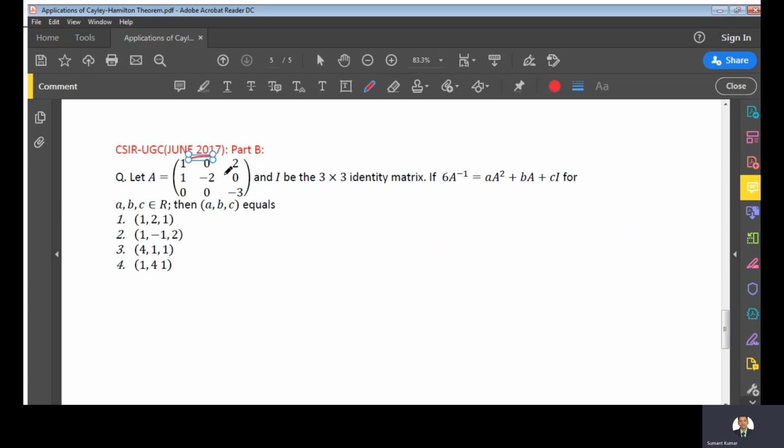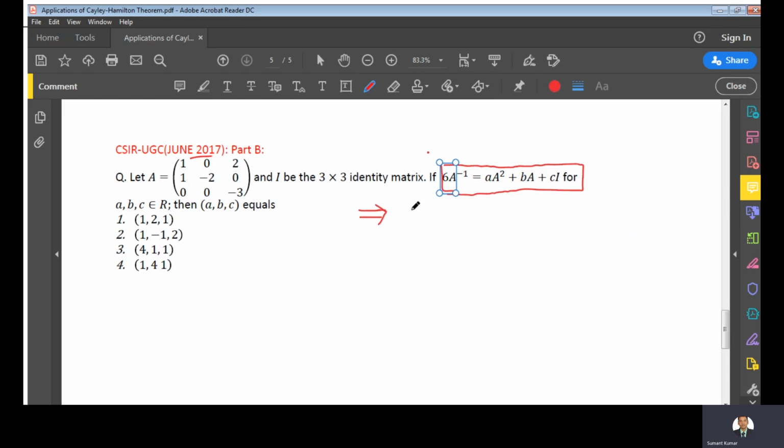So this is a 3 by 3 matrix and this expression is given: 6A inverse is equal to a small a times A square plus b times A plus cI, right? So basically this will form your characteristic equation. So what do we say here?